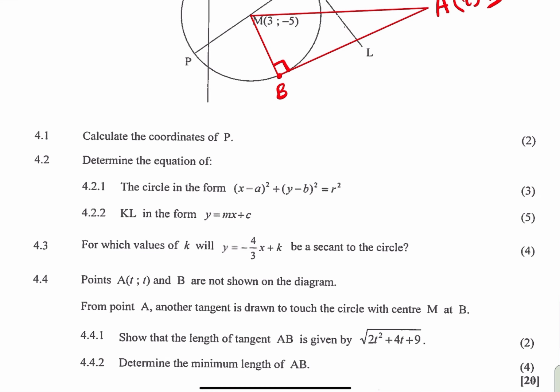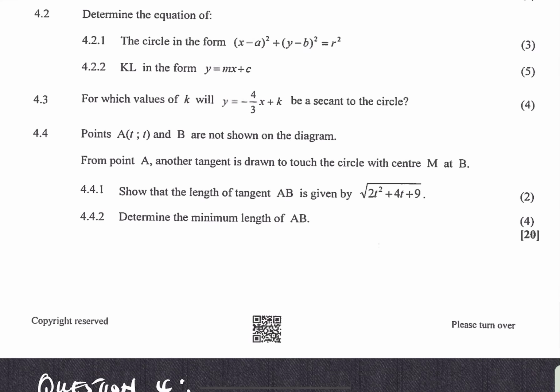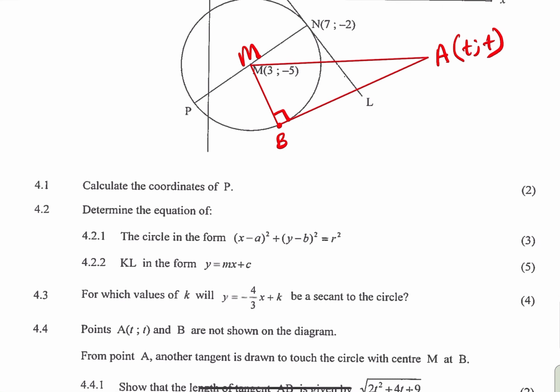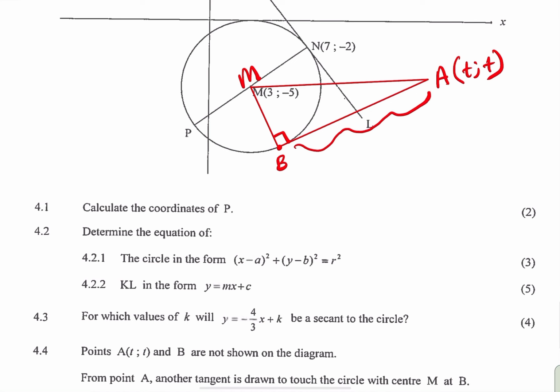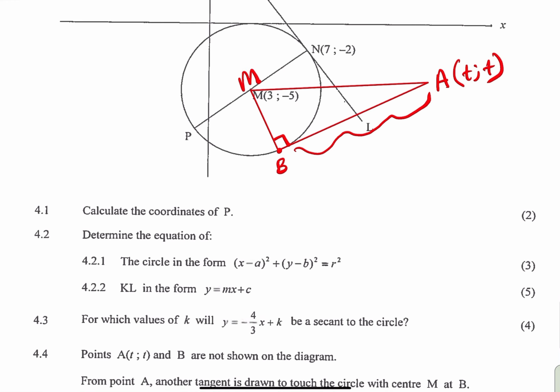What are you looking for? You're looking for AB. So this is M. Primarily here it's M. And what are you looking for again? The length of AB, this length here. So what is this length of MB? You have to find it.